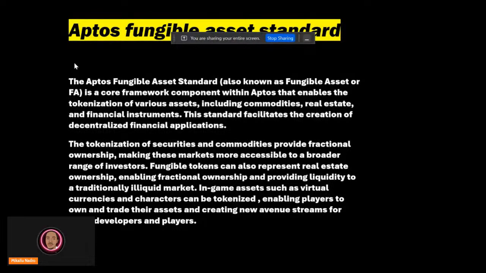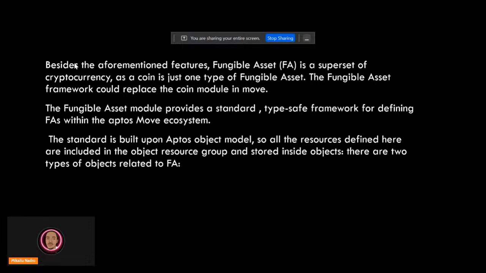So some of the use cases are, it's used in real estate ownership, enabling fractional ownership and providing liquidity to traditional illiquid markets. We have in-game assets such as virtual currencies, and characters can be tokenized as well. So besides the aforementioned features, fungible assets is a superset of cryptocurrency, as a coin is just one type of a fungible asset.